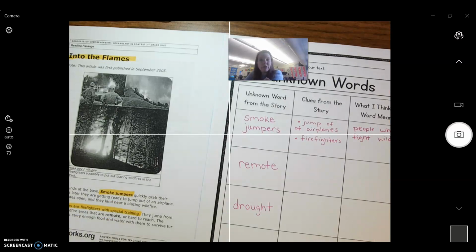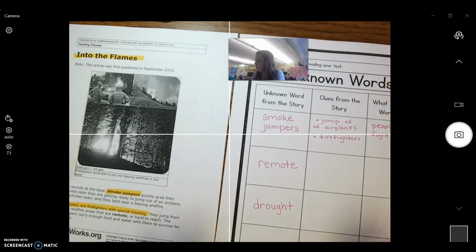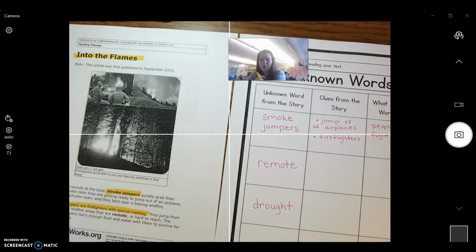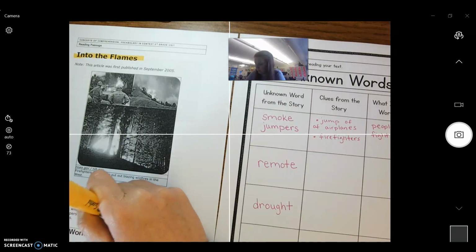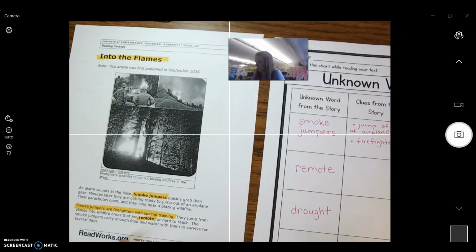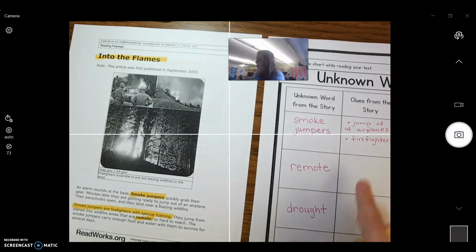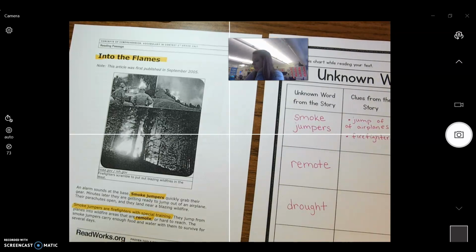Okay, now let's see what you can do. This is the student practice. I want you to find the word remote and highlight it. So grab your highlighter, find the word remote. And then I want you to think about, are there any clues that they give us here?